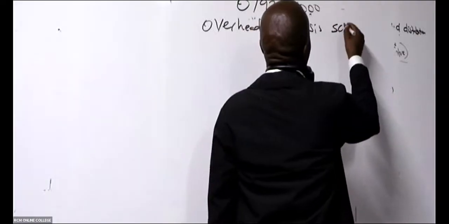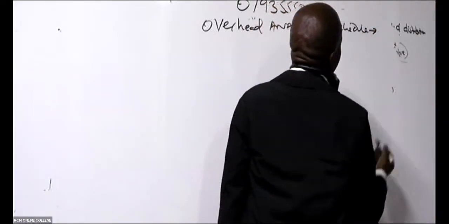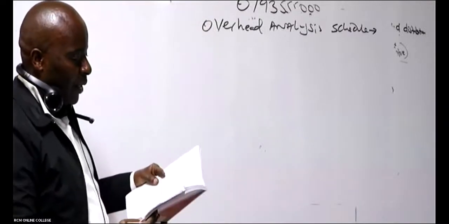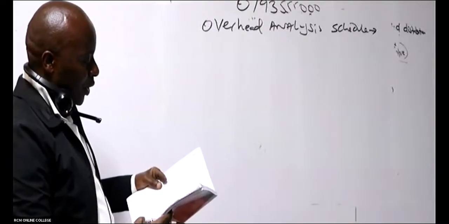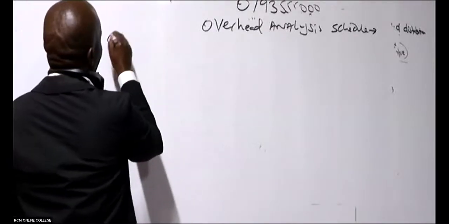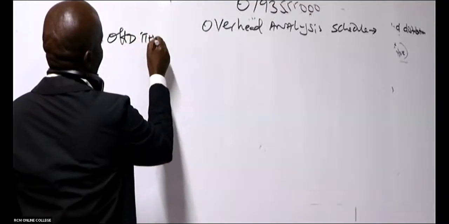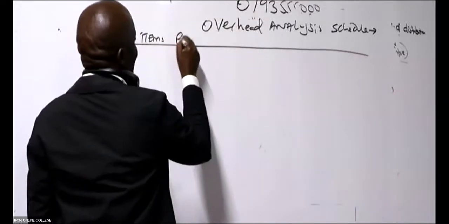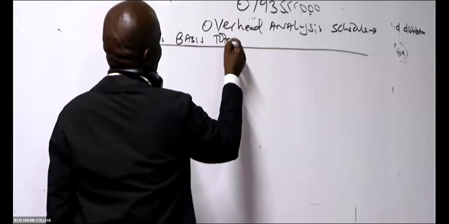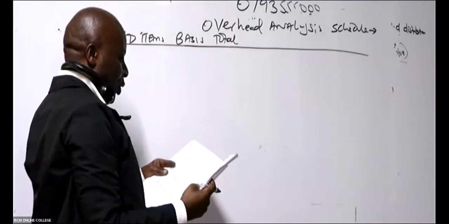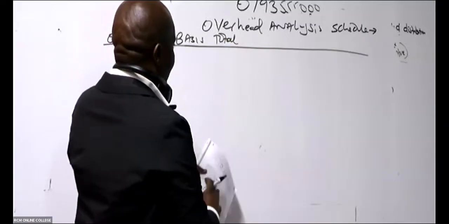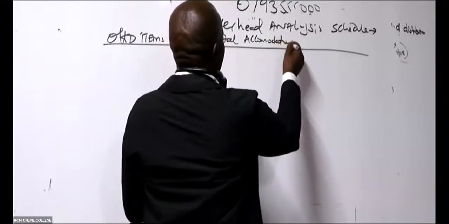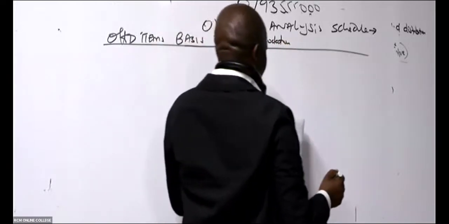So overhead analysis schedule. The primary apportionment. So what we shall do here, we shall have overhead items. We can introduce a column where we capture the basis and then total. And then we have all our departments. We have a department called accommodation, then we have kitchen.